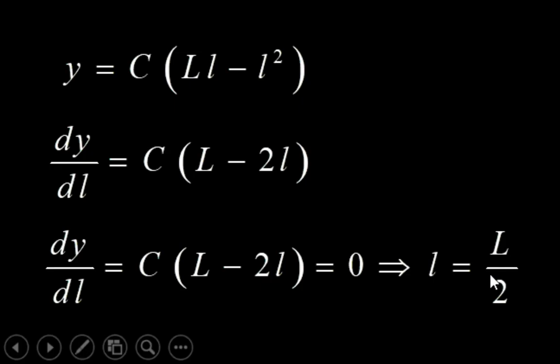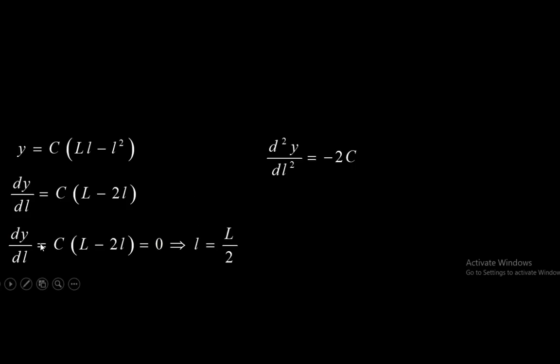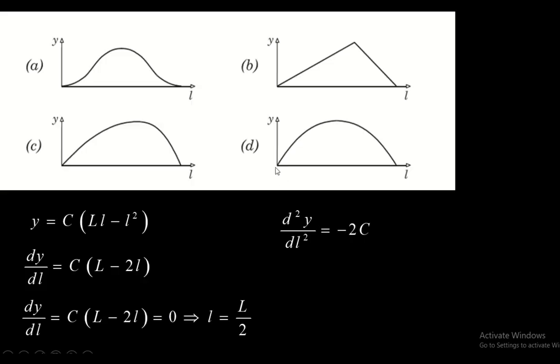Obviously it will be maximum because y cannot be negative, and since its value is 0 at two positions, in between those two positions, since y cannot be negative, it will have to be positive, and therefore y will be a maximum. Otherwise you can double differentiate the expression and see that it is coming out negative, which implies a maximum. So option D has the correct graph.